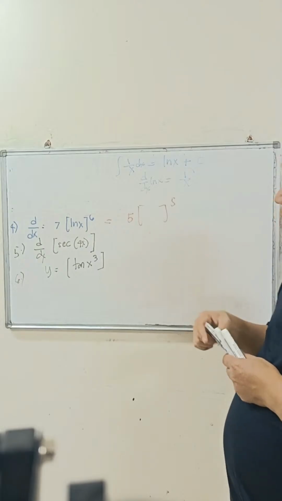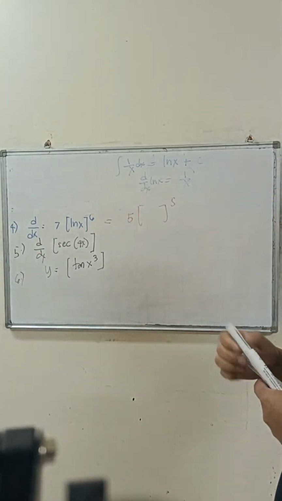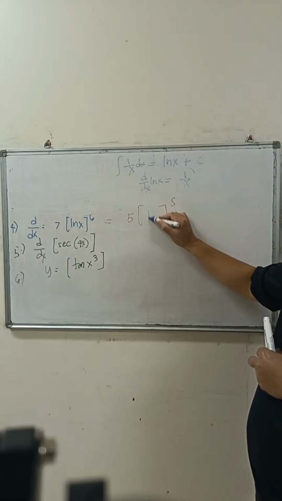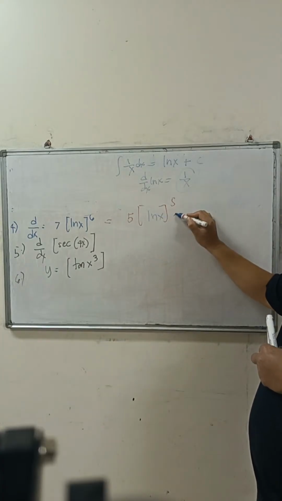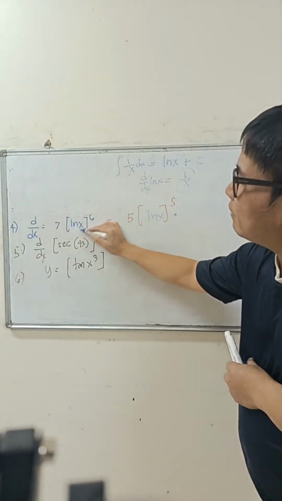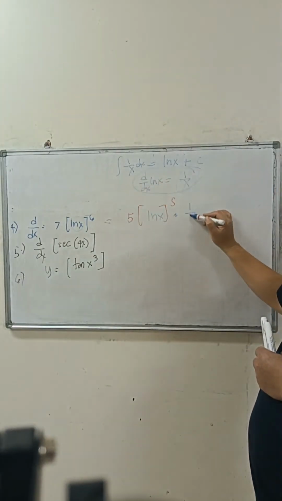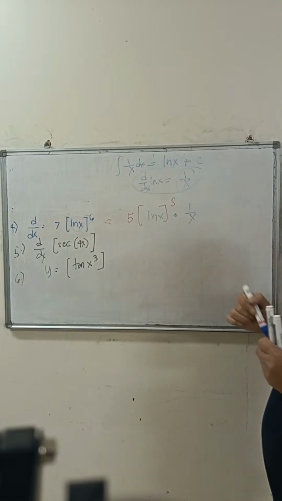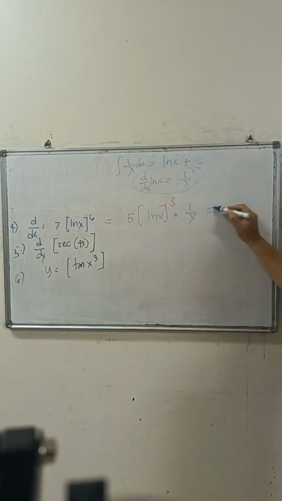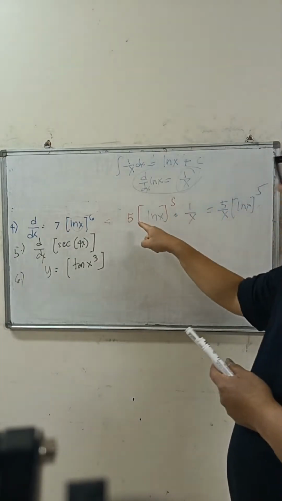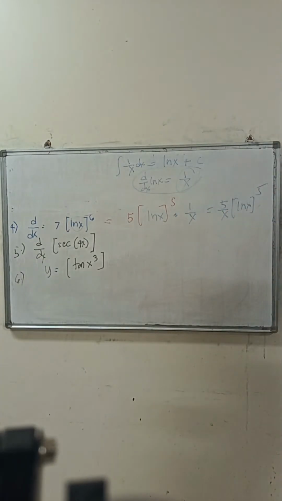So this is still ln x, copy, times the derivative of ln x, which is 1/x. So 1 over x. Or we can say 5 (ln x) raised to the power 5 over x, if you want to multiply that here.